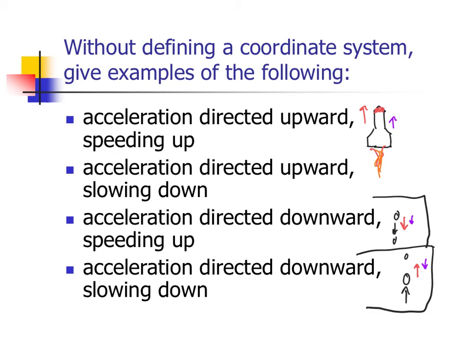Acceleration is always down. Accelerating downwards and slowing down should be a choice. So the parachute, try to get the right colors here.